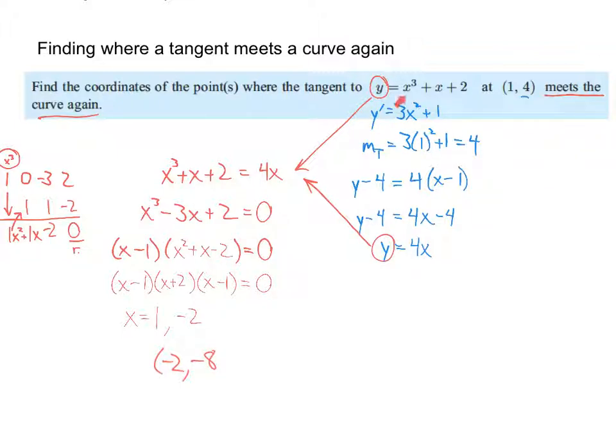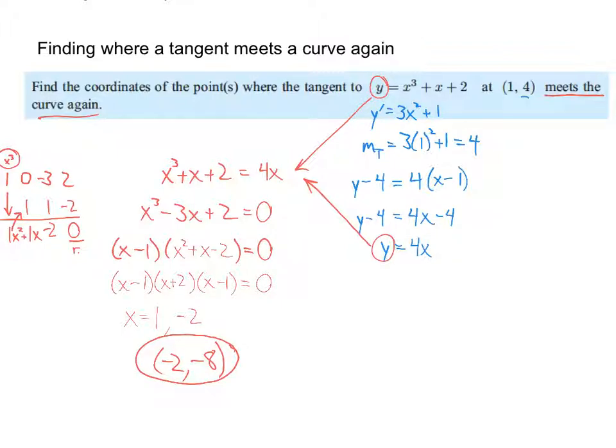If I do negative 2 up here, I get negative 8 minus 2 plus 2 is negative 8. Okay? So there's the point where this will hit the curve again. Does that make sense?